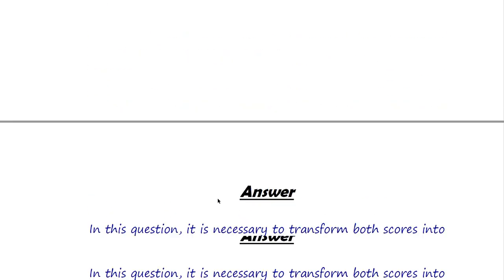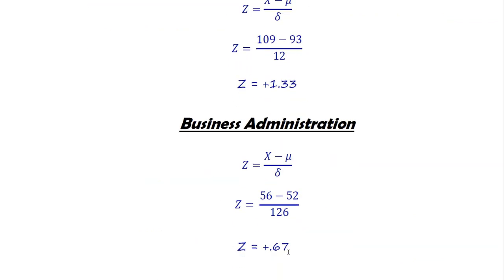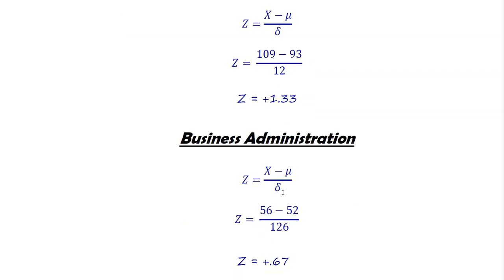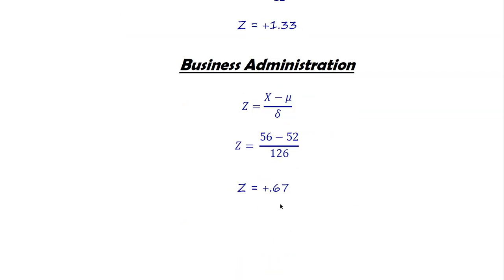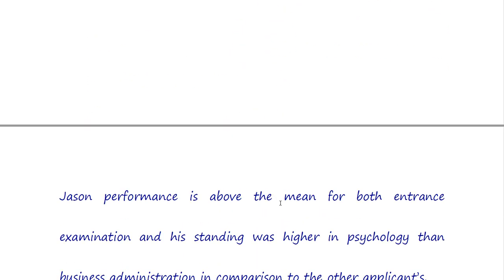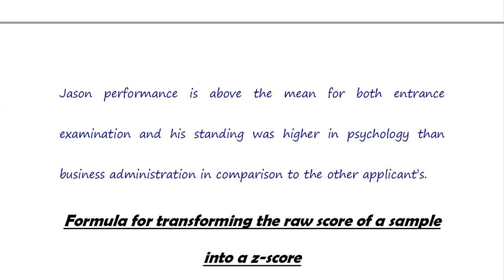So according to this interpretation we can see Jason's performance is above average in both exams, but in psychology his score is 1.33 standard deviations above the mean, and in business administration his score is 0.67 standard deviations above the mean. So his performance in psychology is better as compared to business administration. So we solved a person's specific performance in two different data sets and obtained the results.